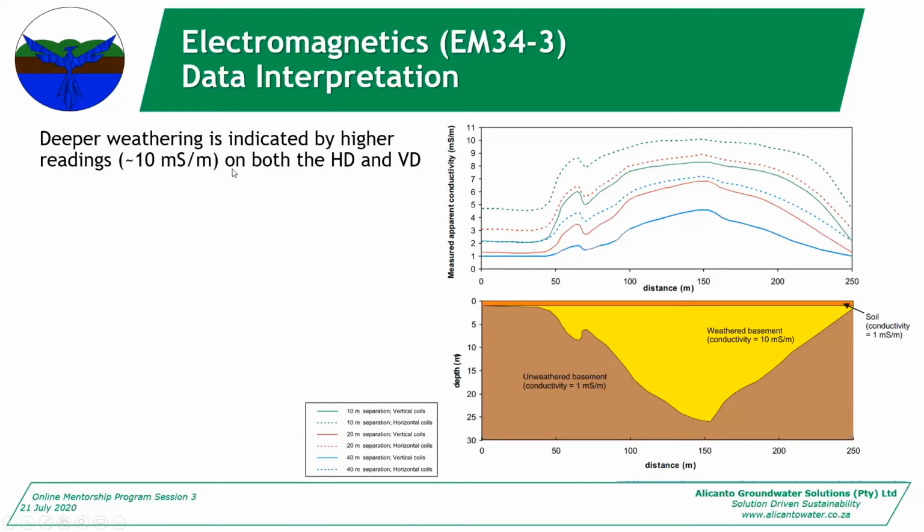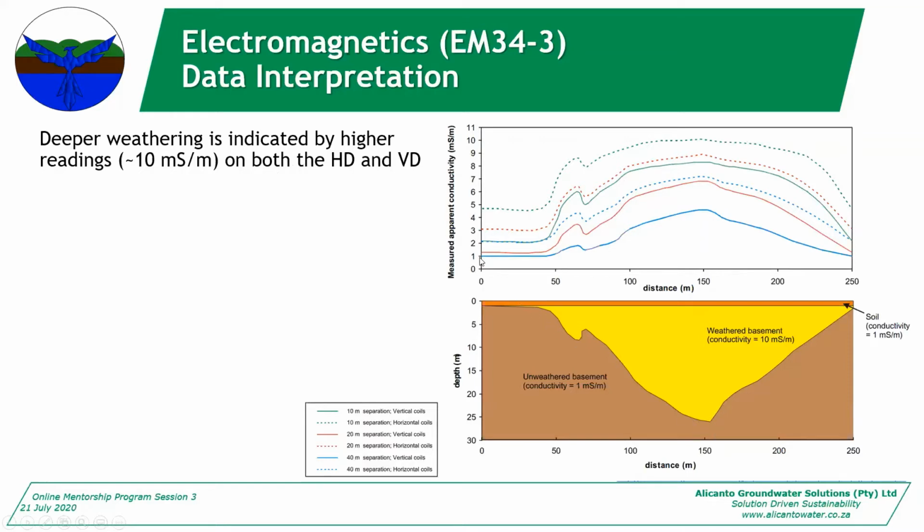So your deeper weathering is indicated by your higher readings, at about 10. You see there on both your horizontal dipole and the vertical dipole, at about 150 meters along my traverse, we've got the peak of the graph. So that's my deepest point.